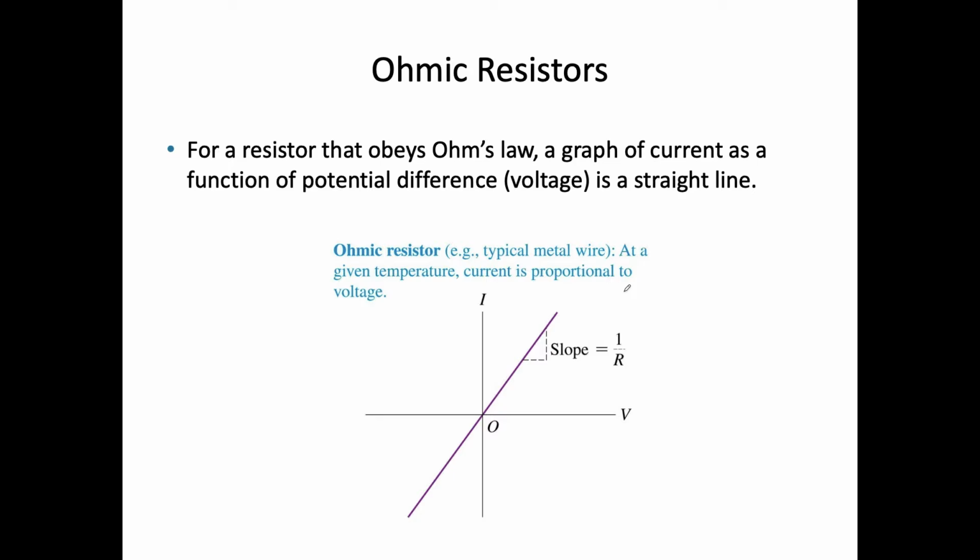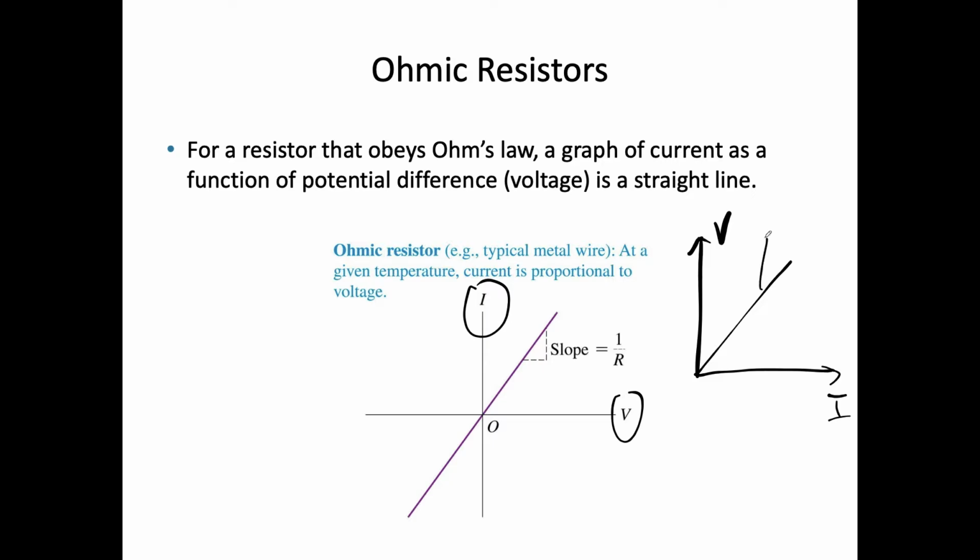If you draw I in the y direction and V in the x direction, then the slope gives me 1 over R. Of course, if you draw V in the y direction and I in the x direction, then the slope gives you R.